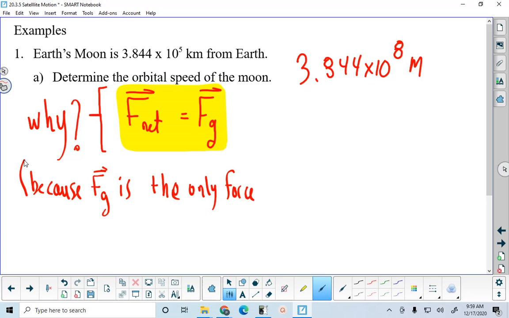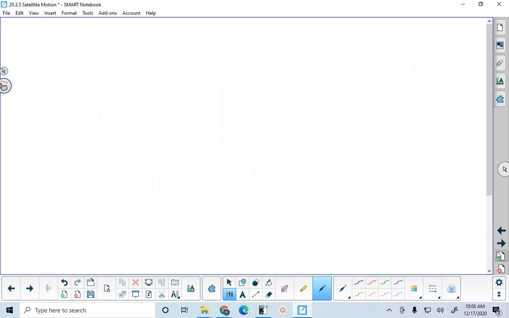And again, I think you know me as a physics teacher by now. I'm more interested a lot of the time in the concept, because if you don't understand the concept, you probably don't even get to the calculations. So where do we proceed from F net equals Fg? What I am going to show you is what we will do for all satellite questions.